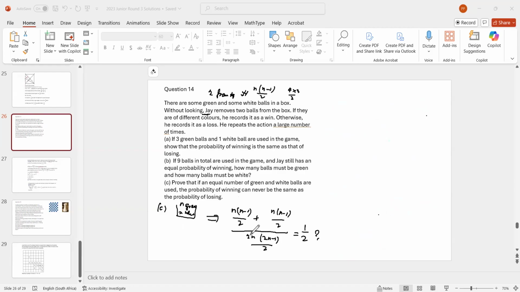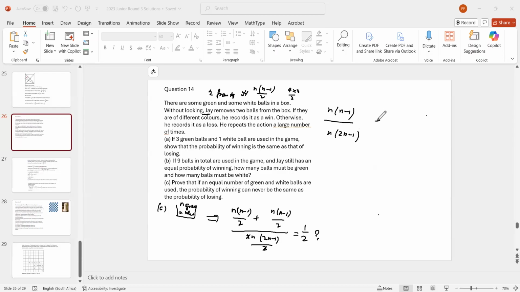So the 2's cancel. And in fact, even the n's cancel. Okay, these two are the same here. So you're adding this to itself. So it's twice this, and the 2's cancel. So the numerator is that. The bottom, you got n over 2n minus 1. Right? The 2's cancelled there.